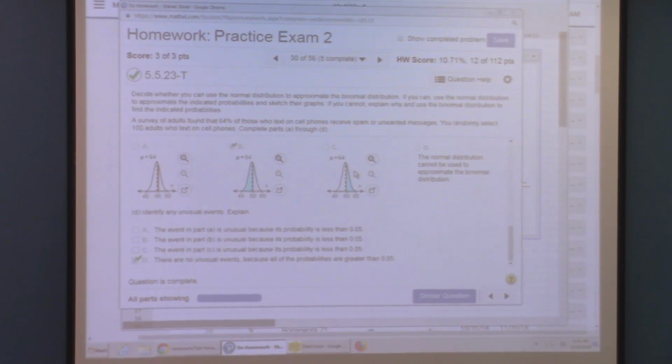All right. You see, the central idea is this: everything comes back to the very same central idea, finding either a probability corresponding to a score or finding a score corresponding to a probability.